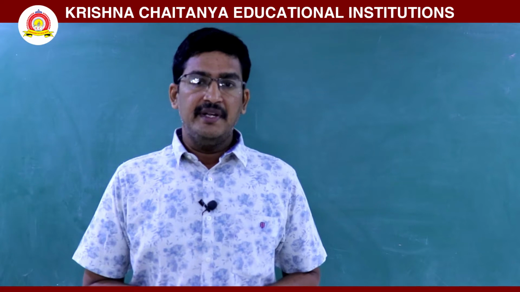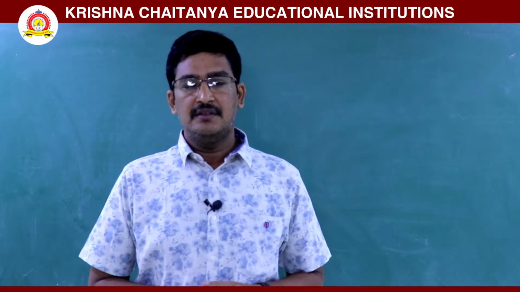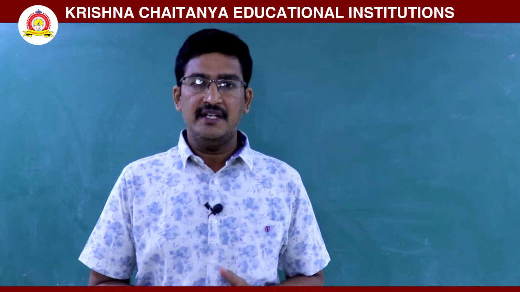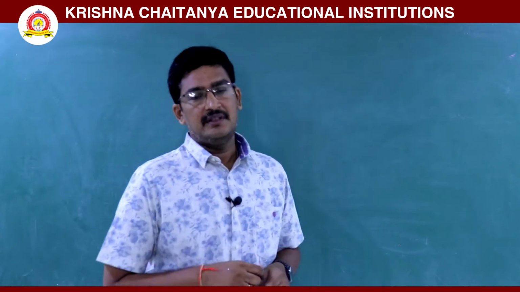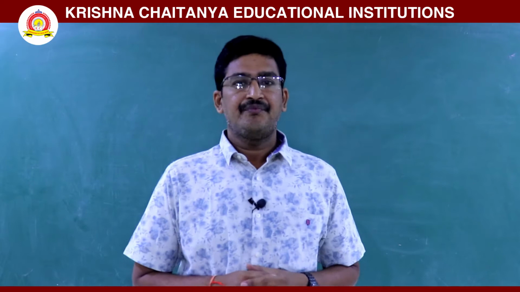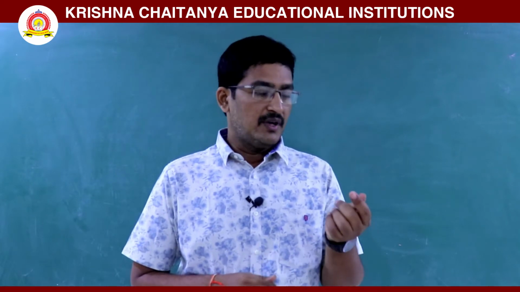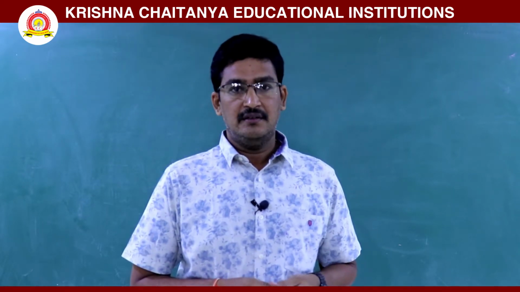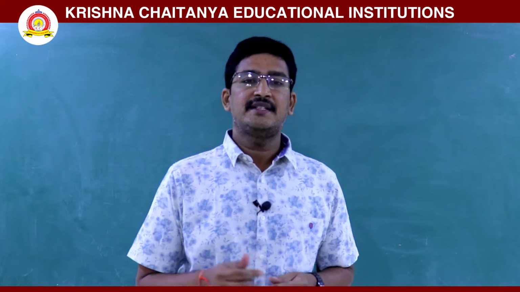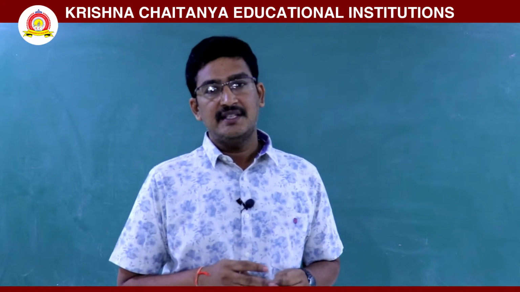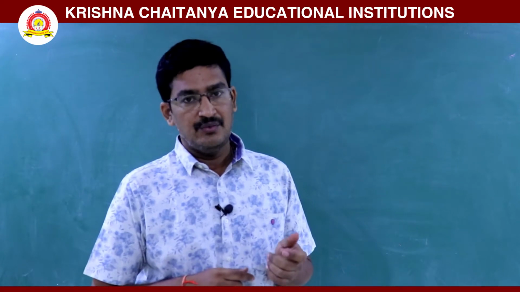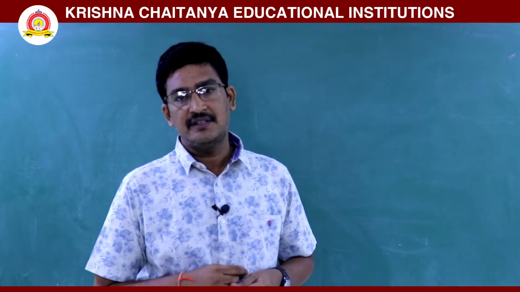So let me explain some more graphs, which is the continuation of yesterday's session. I already explained some graphs in the previous session. What about the y equal to x line? What is the graph of y equal to x? What is the graph of y equal to minus x? What is the graph of y equal to x square, which is called the square function?